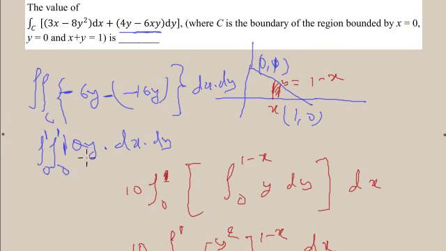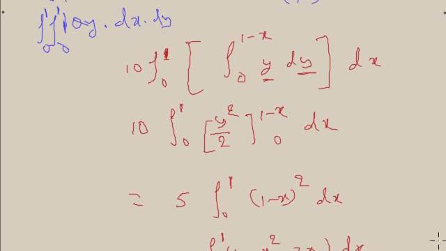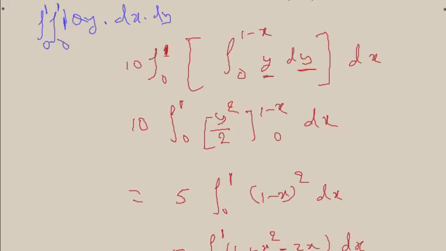So bring the 10 outside, and the first integration you should take with respect to y, because in this strip only y is changing. So y dy from 0 to 1 minus x. If you integrate this, y dy gives y square by 2, and putting the range 1 minus x, we get 1 minus x squared divided by 2. 10 by 2 is 5, so 5 into this.